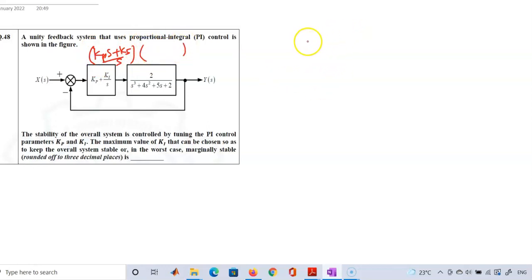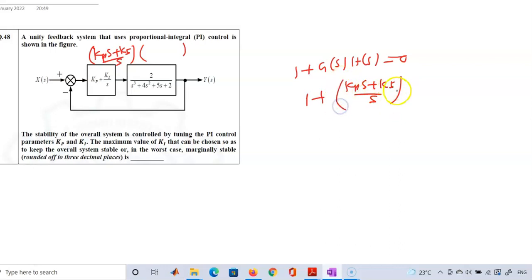You know the characteristic equation is 1 plus G(s)H(s) equal to 0, and H(s) is 1. So 1 plus (Kp s plus Ki upon s) into 2 upon (s cube plus 4 s square plus 5s plus 2) equal to 0.